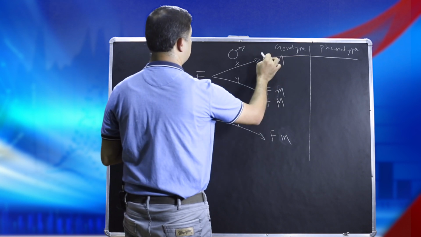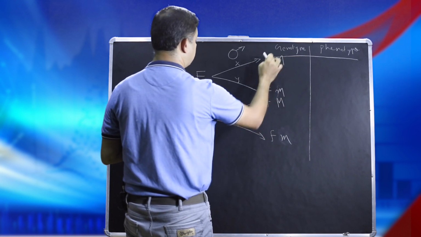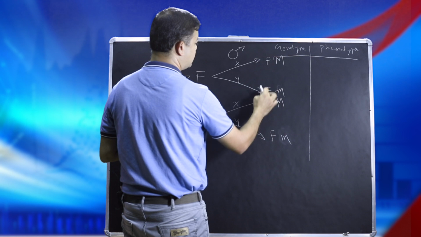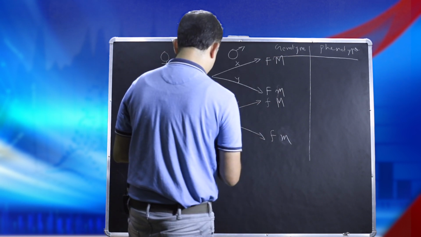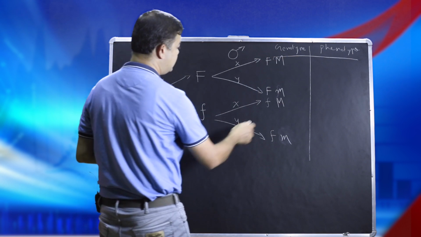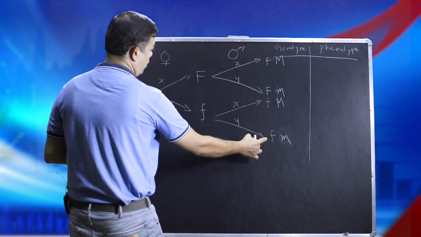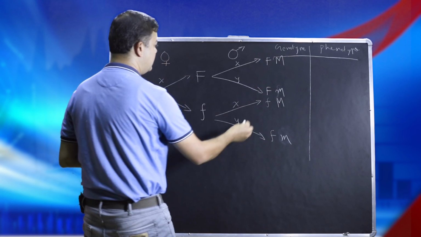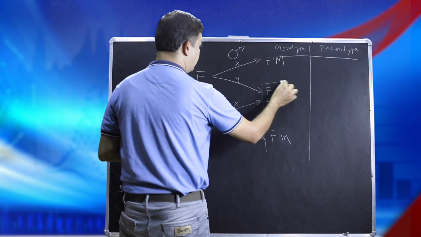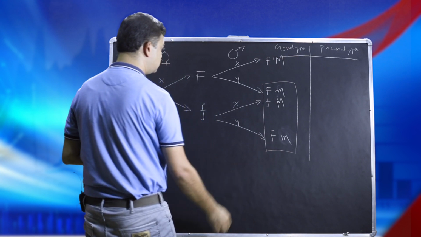This is heterozygous dominant, while the others are homozygous dominant and homozygous recessive. If I ask you at least one recessive gene, recessive is a small letter, and the capital letters are dominant. At least one recessive gene means all these.